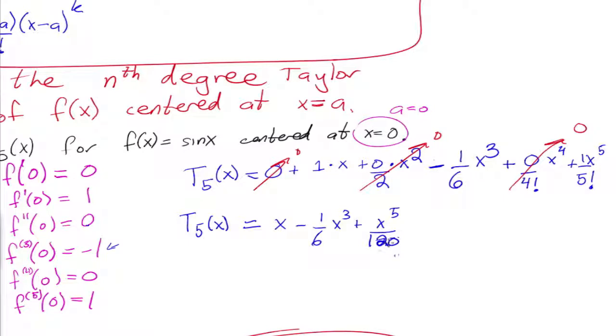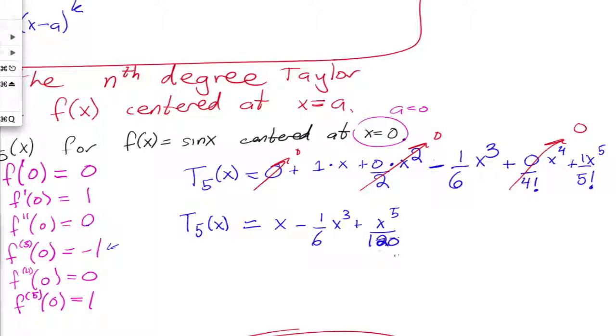Okay, so what is T6 going to be? I go to degree 1 more. How many x to the 6s would I have? 0, right? So actually T6 is the same as T5 because you would get a 0 times x to the 6.